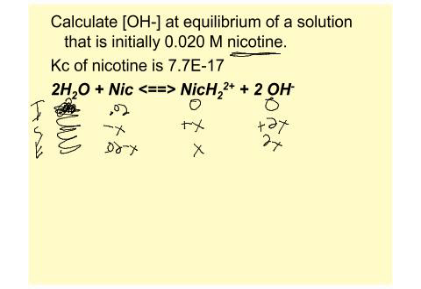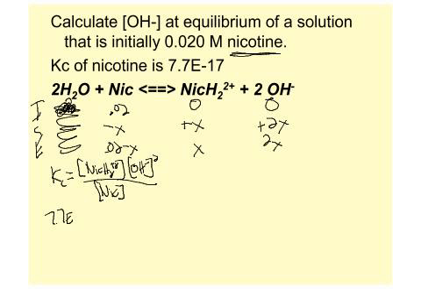So now I'm going to write my K value. The reason why I always write my K with the symbols first is because AP usually asks that. So part A would be write the equilibrium expression. So Kc is going to be NicH2 plus times 2 times hydroxide ion squared over Nic. So then it tells me it's 7.7 E negative 17.